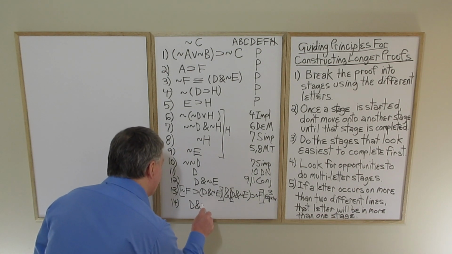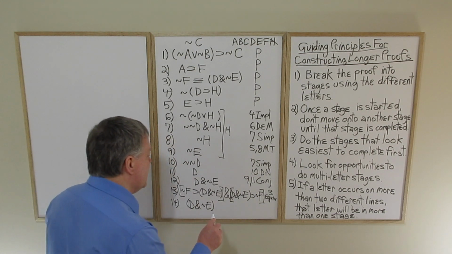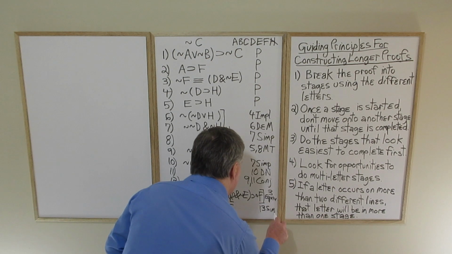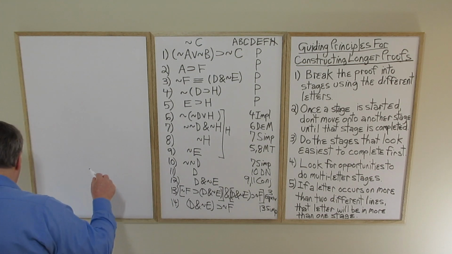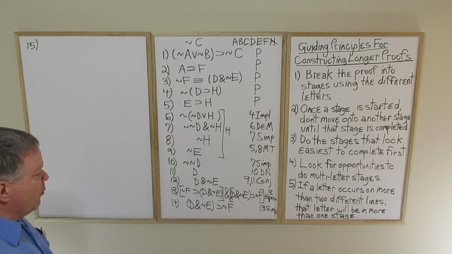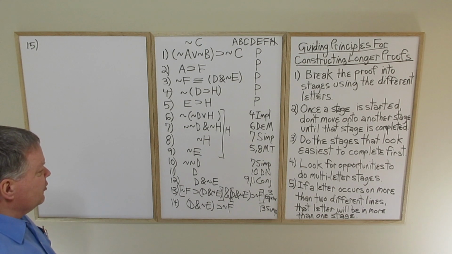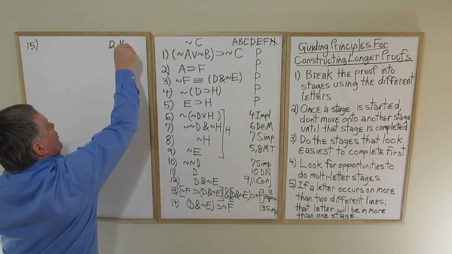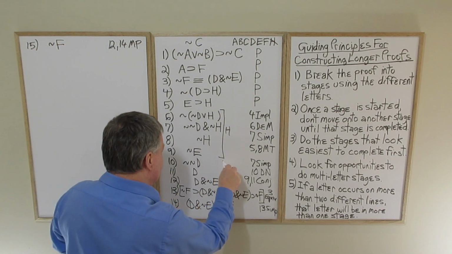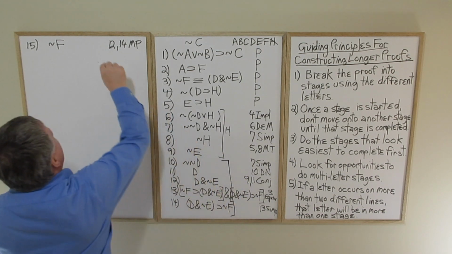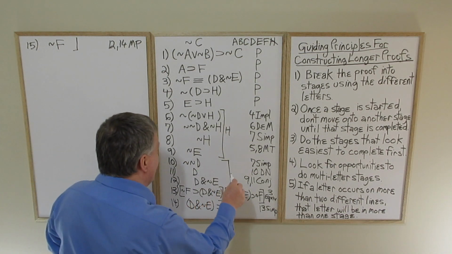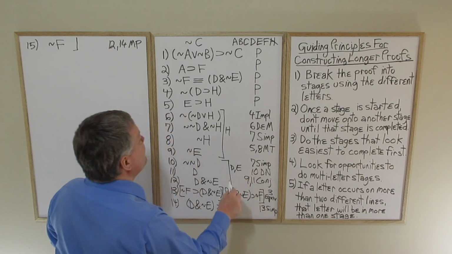So D and tilde E, horseshoe, tilde F will just be 13 simp, so that now, and this is what we've been setting up for the stage ending rule employment, 12, 14 modus ponens will give us tilde F. So 10, 11, 12, 13, 14, and 15 are going to be our D and E stage.